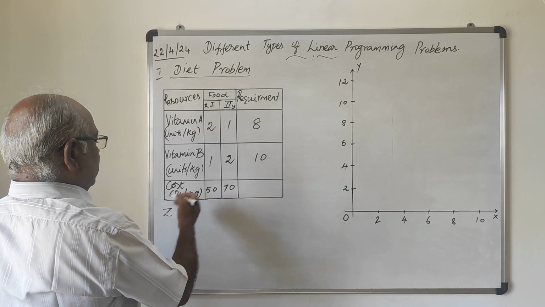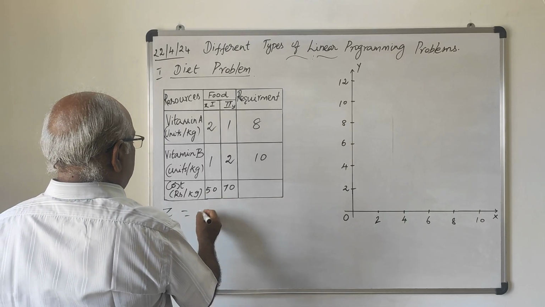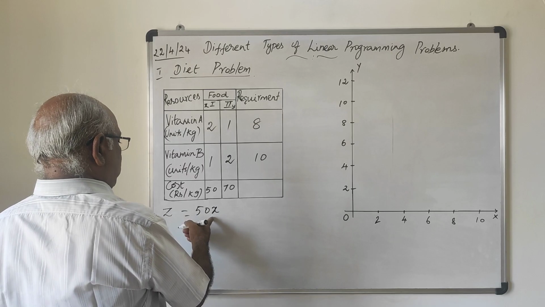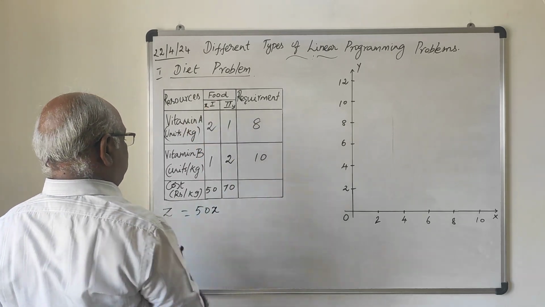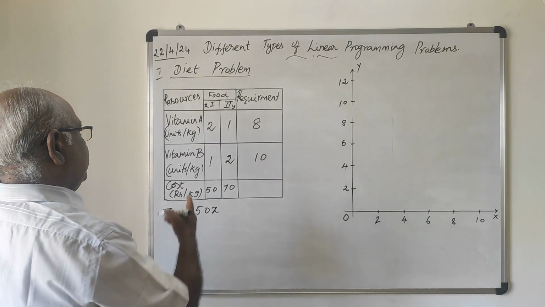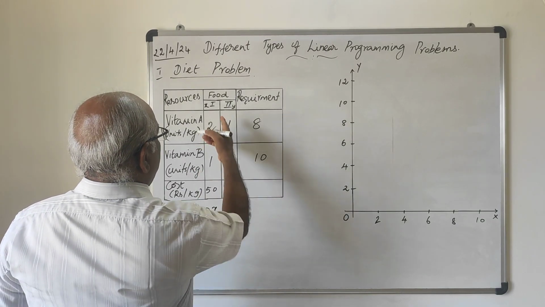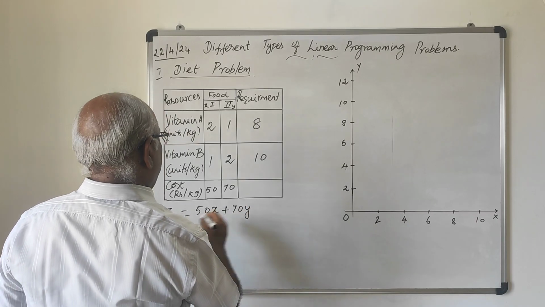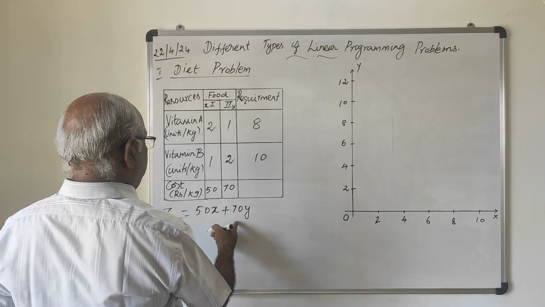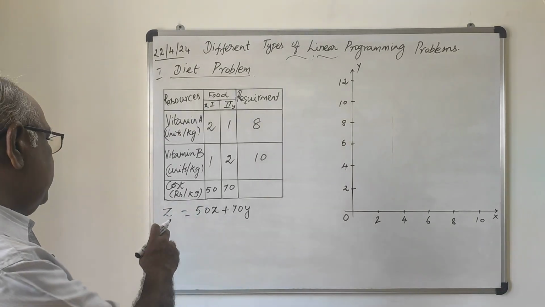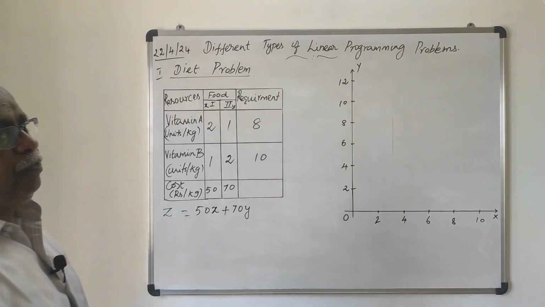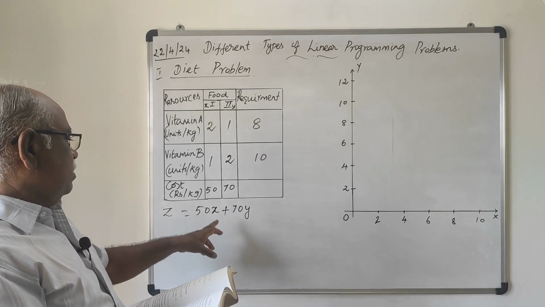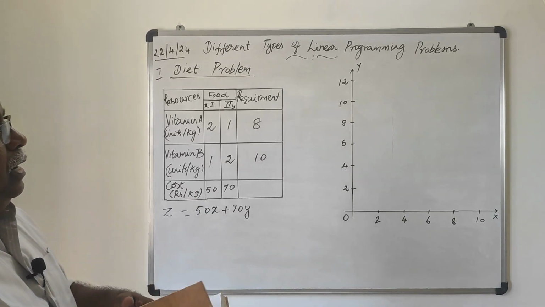Z is the total cost of the mixture. Food 1 costs 50 rupees per kg, and there are X kgs, so 50X. Similarly, food 2 costs 70 rupees per kg, with Y kgs, so 70Y. So Z equals 50X plus 70Y is the linear programming objective equation.